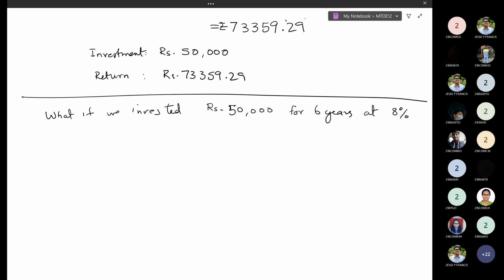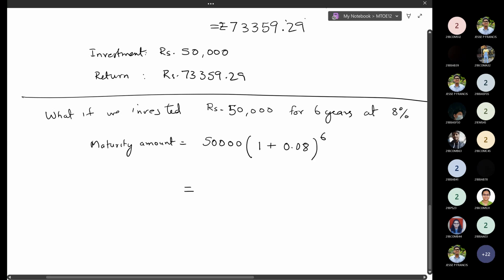What if we invested all 50,000 together for 6 years at 8% interest?